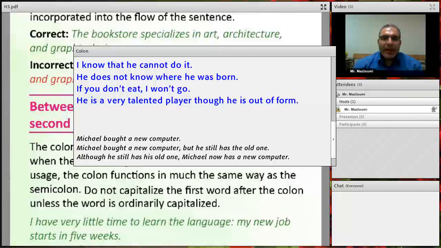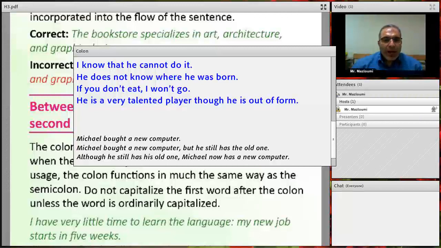Is it a main or a dependent clause? Is it independent or dependent? Okay, when I was dating Diana is dependent. It doesn't make sense by itself. Okay, I had an accident. What about this one? I had an accident. It is a main clause. It is an independent clause.